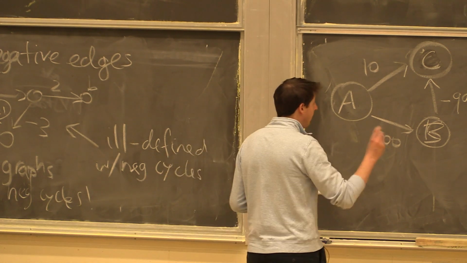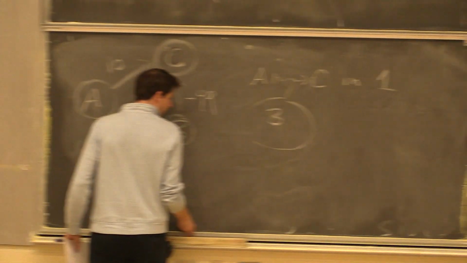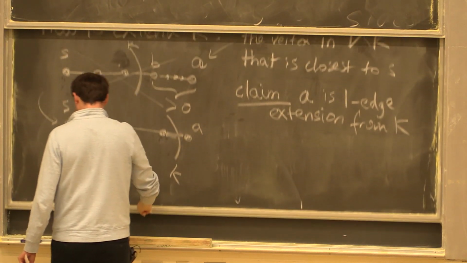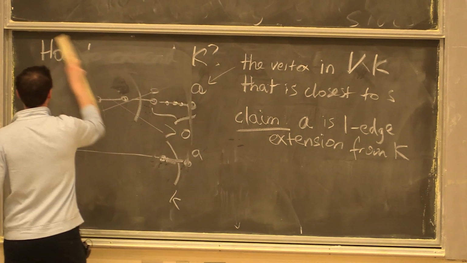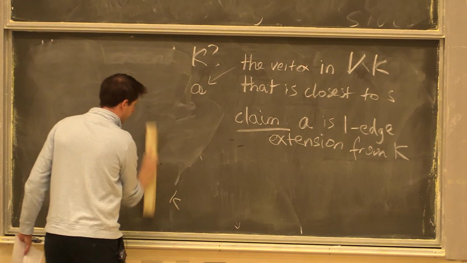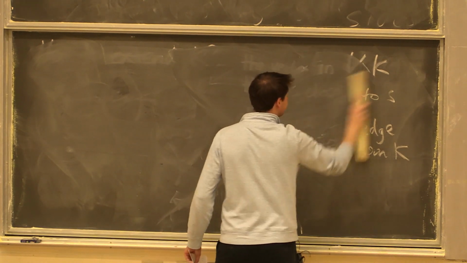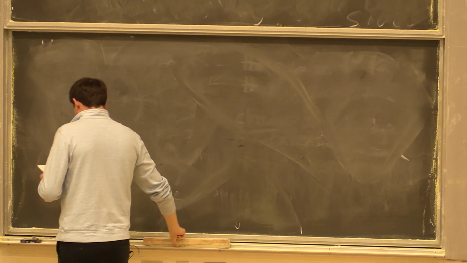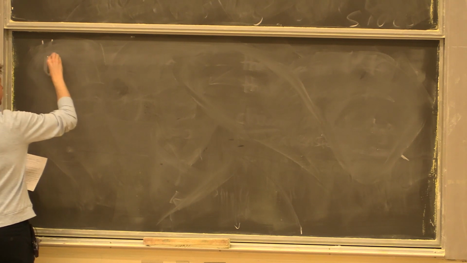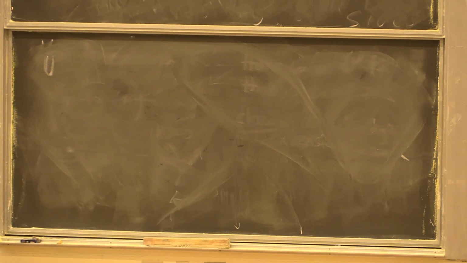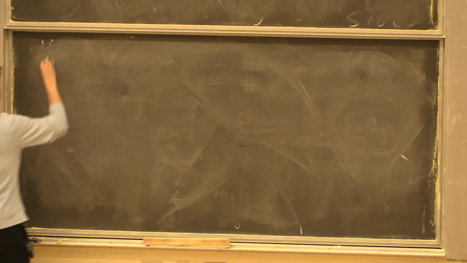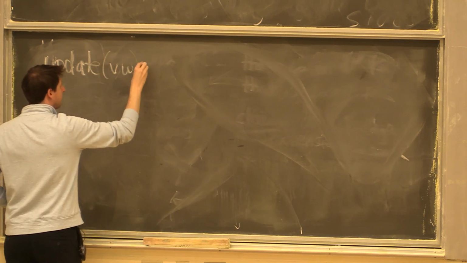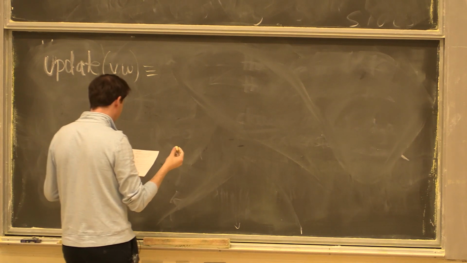Okay, so let's talk about the update procedure. So we're going to define update of (u, v) to be those two lines. So let me just rewrite them.